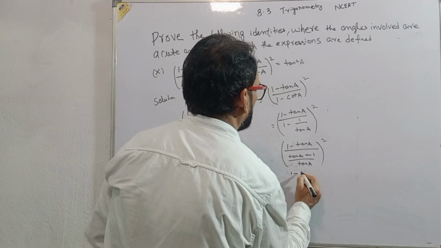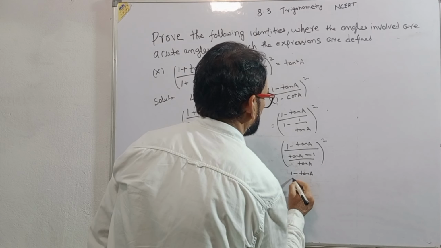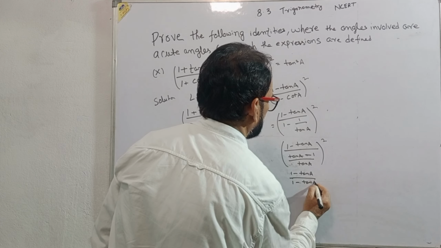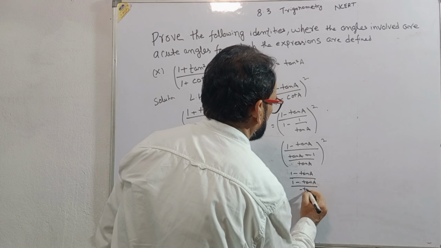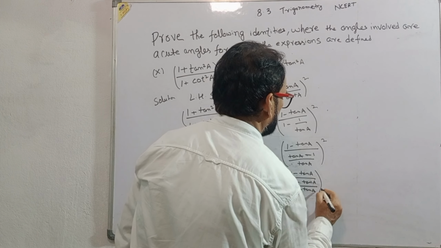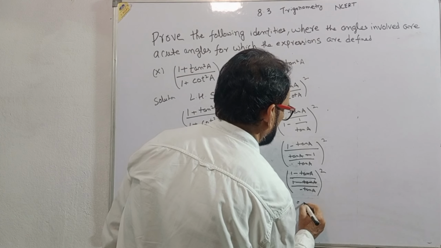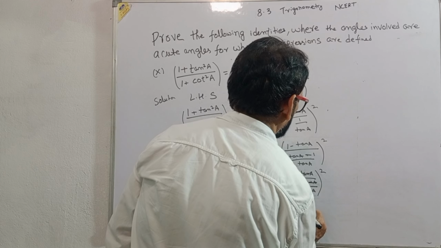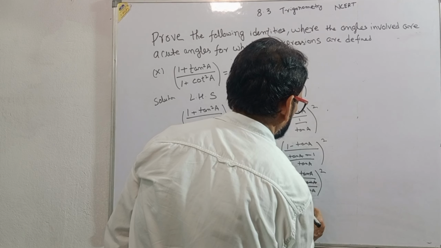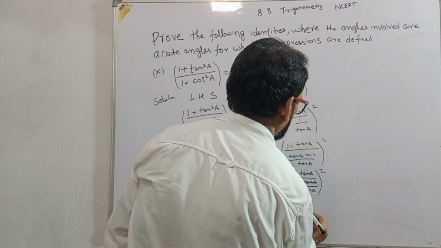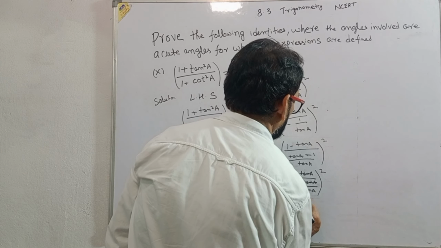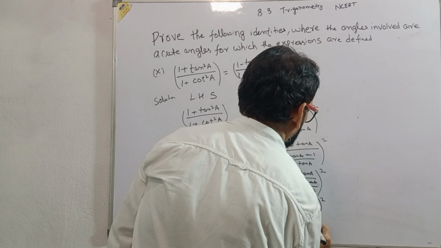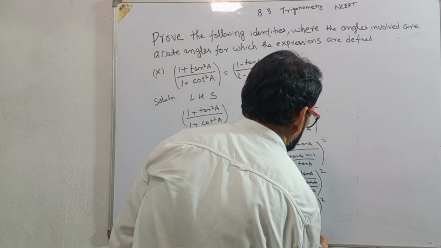Now 1 minus tan A divided by tan A minus 1 over tan A, and we get tan square A. Prove this one.